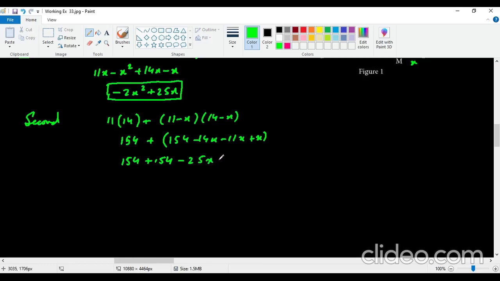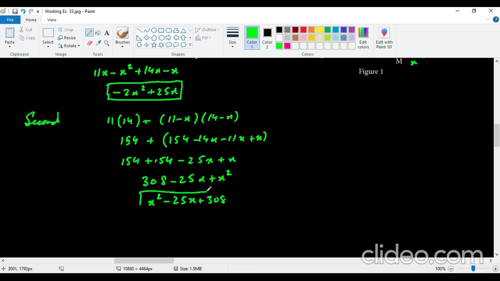So once these are all solved, this gives us 200, actually it gives us 308 minus 25x plus x square, or in terms of quadratic equation we can write this way also.